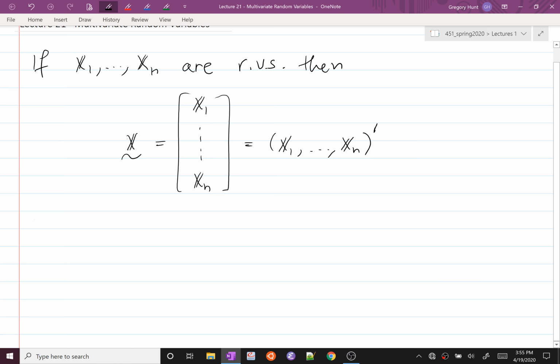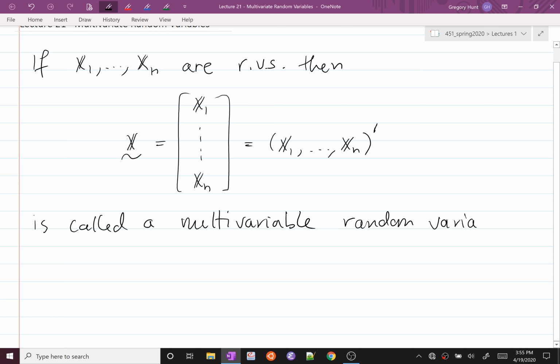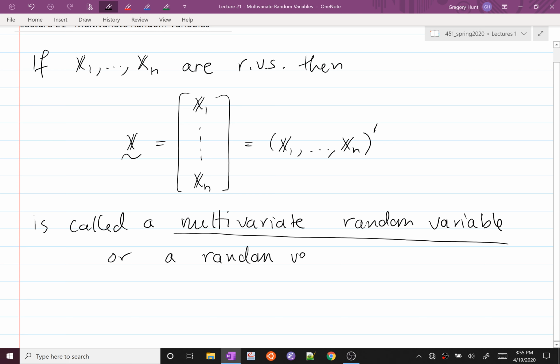And so this thing is called a multivariate random variable, or a random vector. I'll probably stick with multivariate random variable, but they're also called random vectors for obvious reasons. They're a vector of random variables.